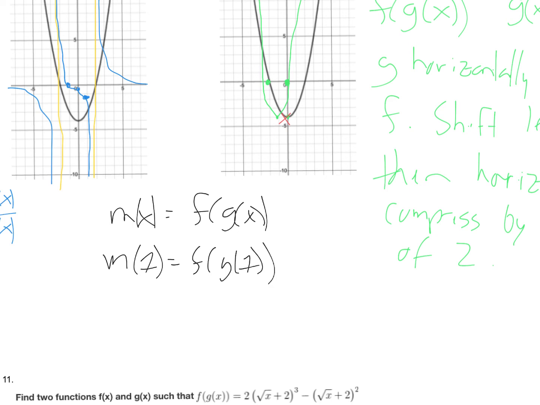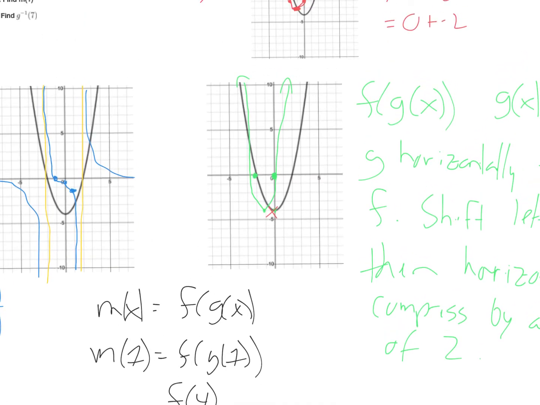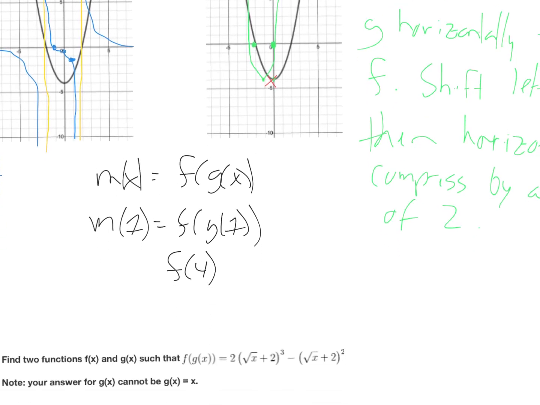Well, from the equation, I know that g of 1 is 4. So this then turns into f of 4, which from the graph, I'm just going to have to approximate because it does unfortunately go off the graph a little bit here. I think right here's 4, and so we're a little bit off that. So looks like maybe we're going to be at like a 12-ish there. I'll accept an approximation in this case since it's off the graph.